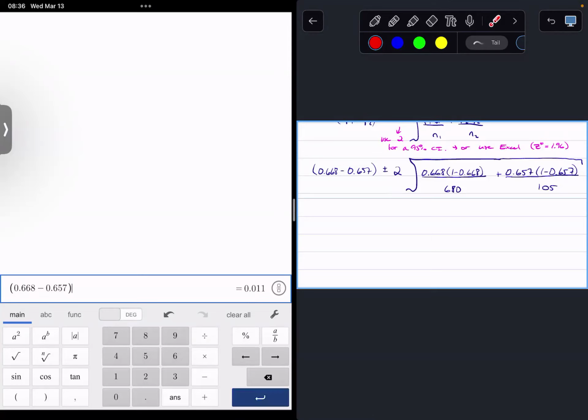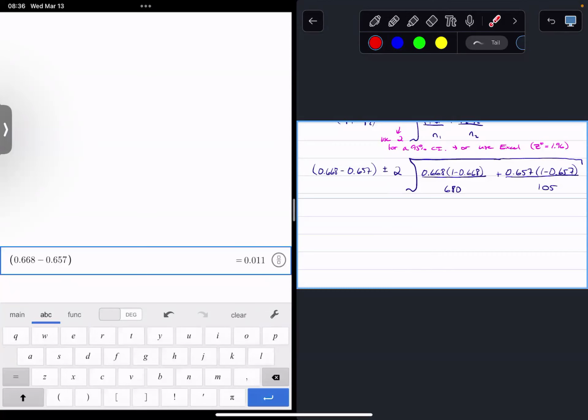This is my point estimate, and I'll call it P, because it's my point estimate.